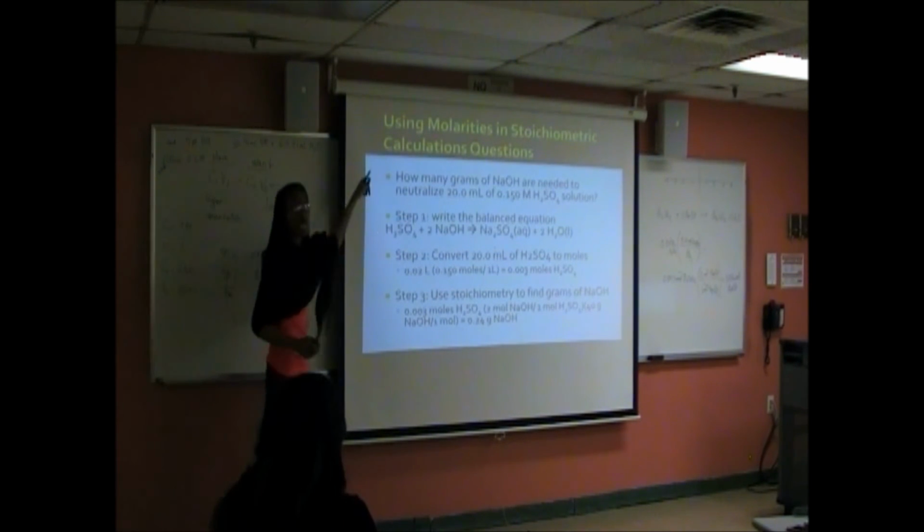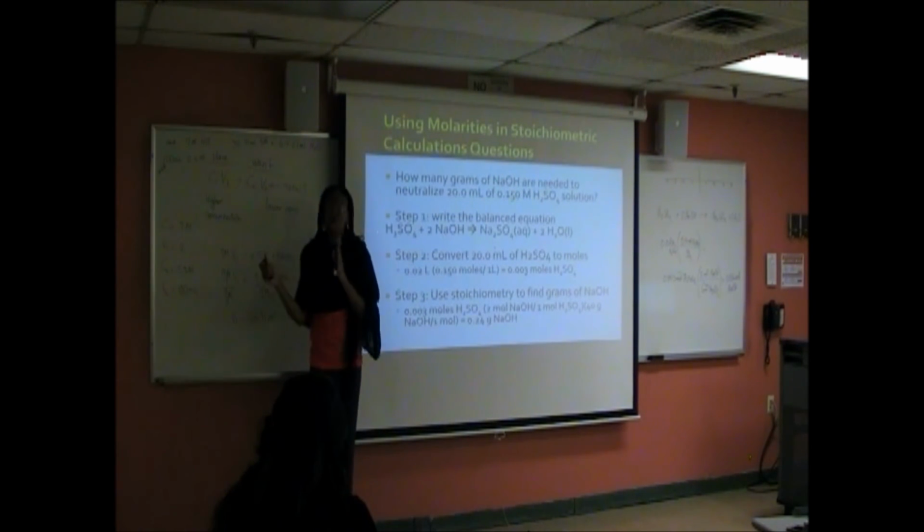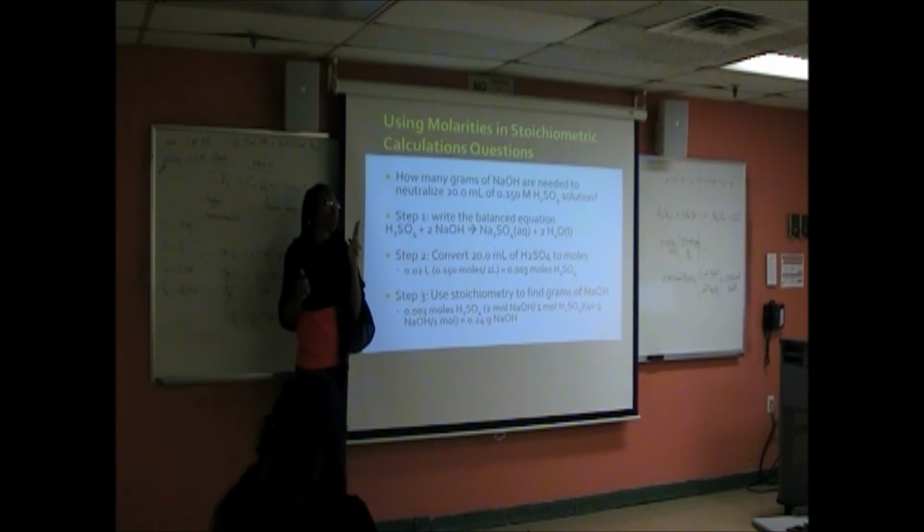Anytime you have stoichiometry or titration type questions, you always have two different substances. You must follow these steps in order to solve any stoichiometry equation with two different substances. Dilution, you only have two of the same substance.